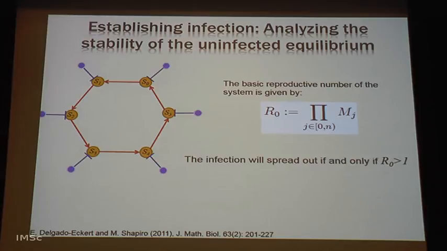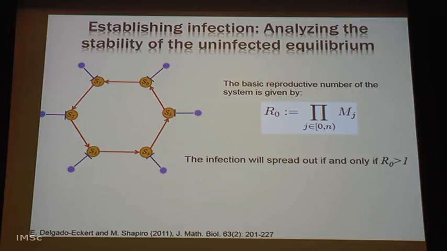But before we do that, we should also talk about R0, which is a magnitude that we have been hearing a lot about in the previous talks. So again, here in this type of model, which is describing the spread of a pathogen within your body, you also have a magnitude that tells you, okay, you got infected, you ate something that contained the virus. Is now that infection going to spread out in your body, or is it going to die out?